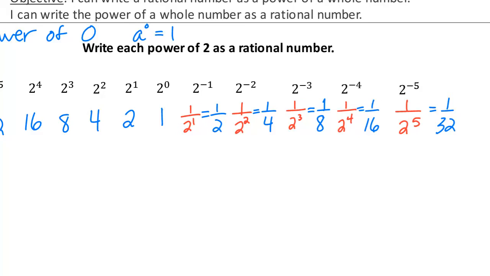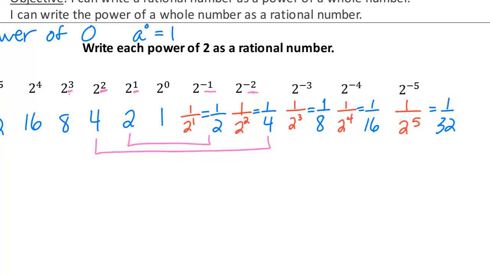Now you guys don't have to write the red stuff if you don't want to. I'm just showing it because this is our first example, how it's the reciprocal power. It just flips to the denominator and it becomes positive. But if you notice the powers of 1 and the negative 1, they go together. That's 2 and a 1/2. The powers of the seconds, those go together. 4 and a 1/4.